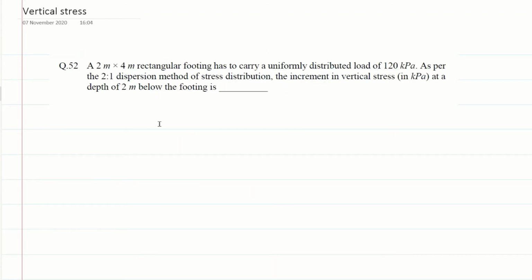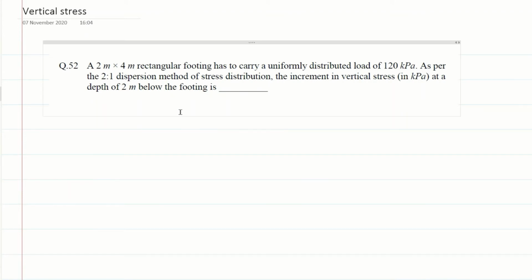Let's move on to the next question from vertical stress. A 2 by 4 meter rectangular footing has to carry a uniformly distributed load of 120 kilopascal. As per the 2:1 distribution method, the increment in vertical stress at a depth of 2 meter below the footing is how much?